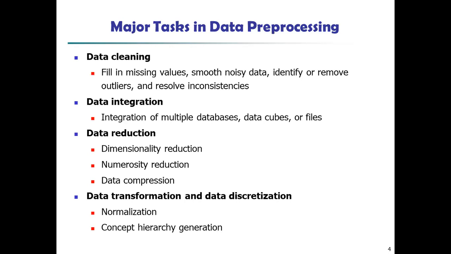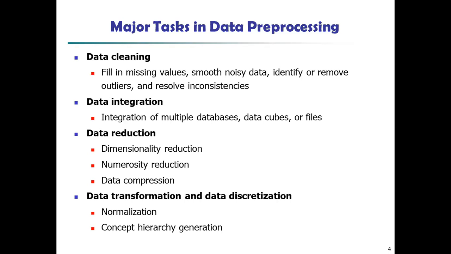And the third one is data reduction. Mainly here in data reduction: dimensionality reduction, numerosity reduction, and data compression. For dimensionality reduction, for example, consider 1,000 records.